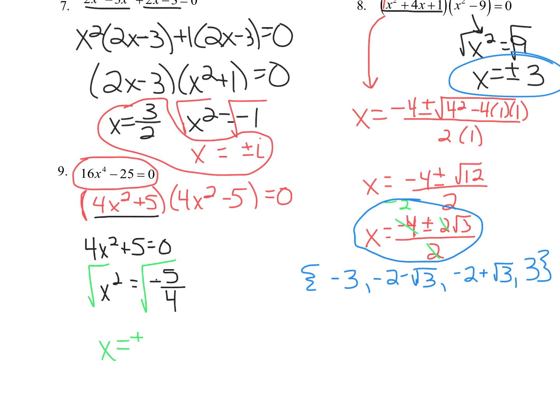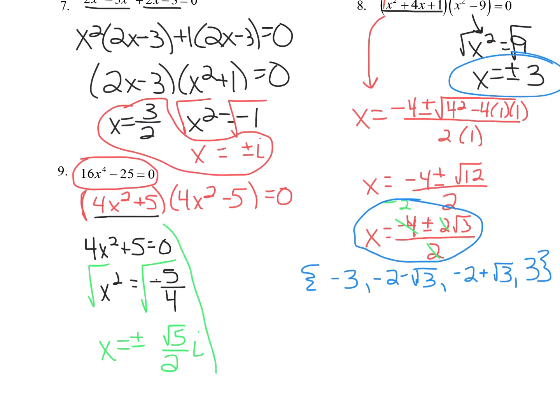So I have plus or minus the square root of negative 5 is i radical 5. The square root of 4 is just 2. Okay? Now I actually prefer to write this one just with the i after. I think it looks better. So that's where I'm going to put it. It doesn't really make a difference. So this is plus or minus radical 5 over 2i.